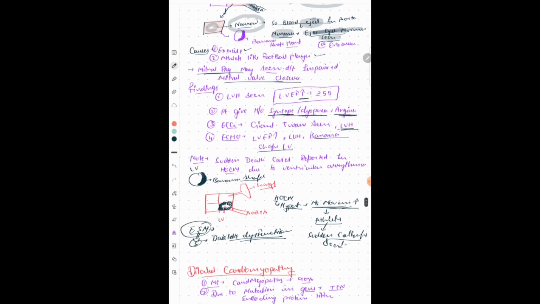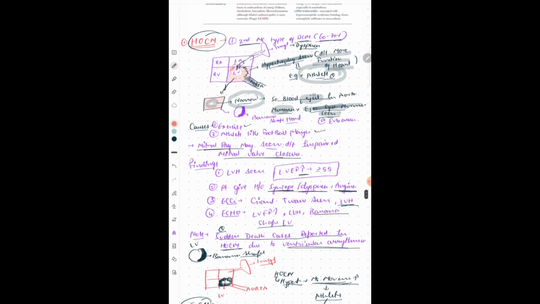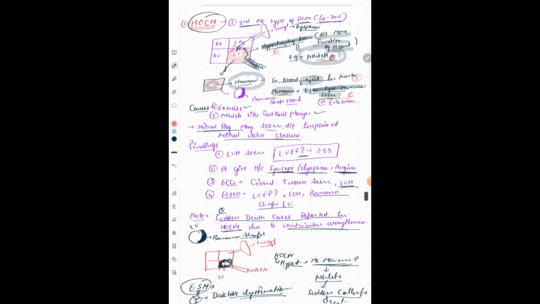The most important question asked is the cause of sudden death reported in HOCM, which is ventricular arrhythmia. So in this you have some questions. The first question is the athlete with hypertrophy. The third question is ejection systolic murmur. Sometimes the mitral valve is involved, fourth.